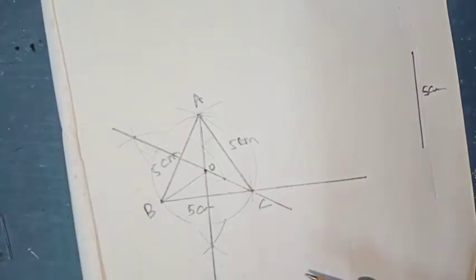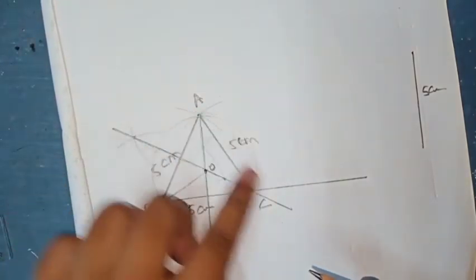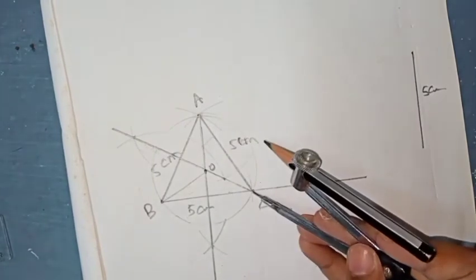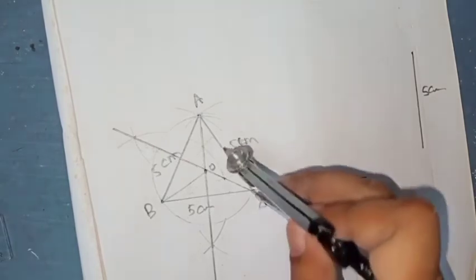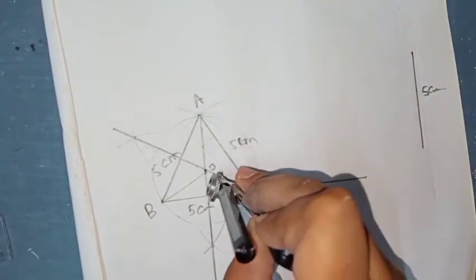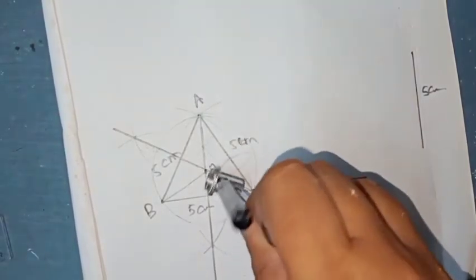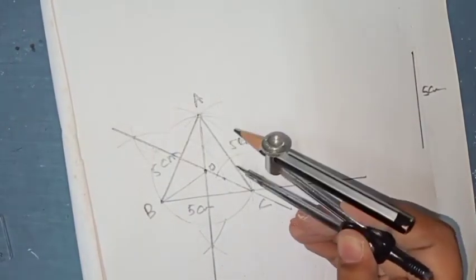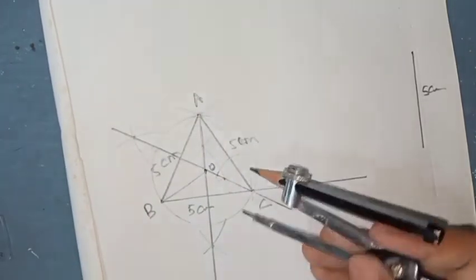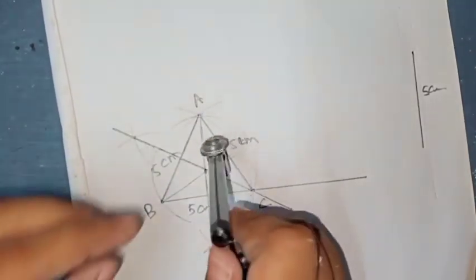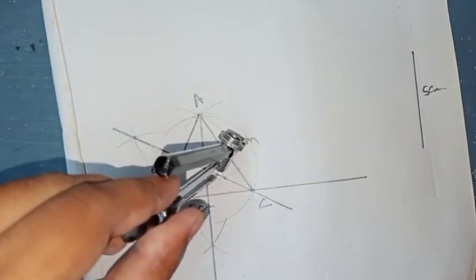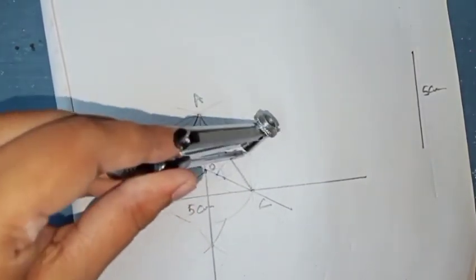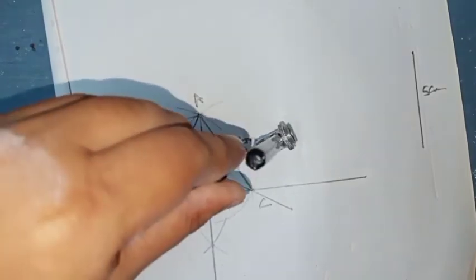Understood up to here? Now they are saying from points A, B and C you have to draw 3 tangents. So how will you do it? You will keep your compass in point C and make one arc, then keep your compass in this point and again make one arc, then again keep your compass here.